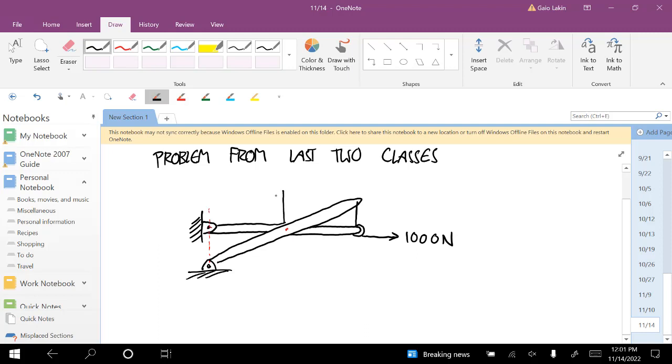On the horizontal one, there was a distributed load with a triangular shape and a maximum value of 400 newtons per meter. This angle is 30 degrees. This is 1 meter and this is 1 meter.